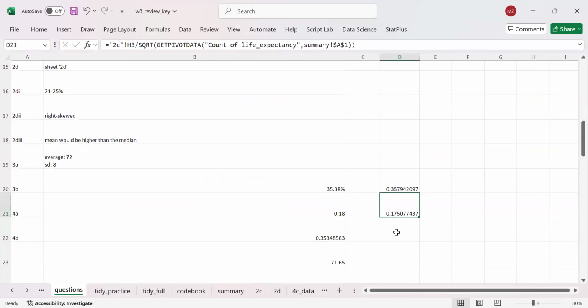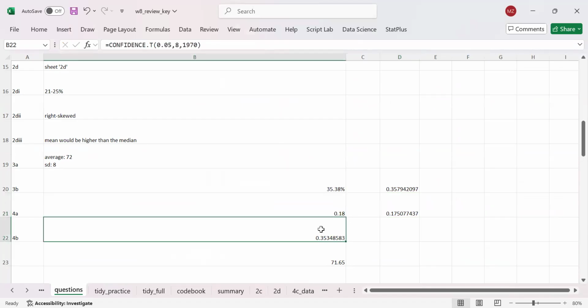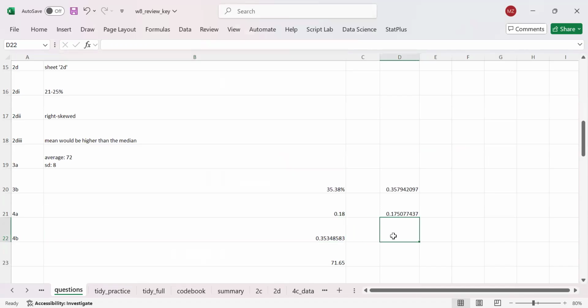Okay. So provide a 95% confidence interval for the average life expectancy for the last 10 years. For that, we need to calculate the confidence value, which would then be used to calculate the confidence interval.